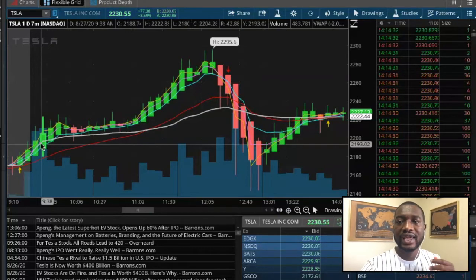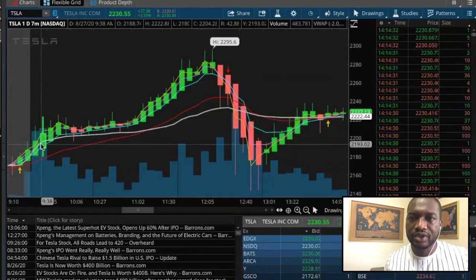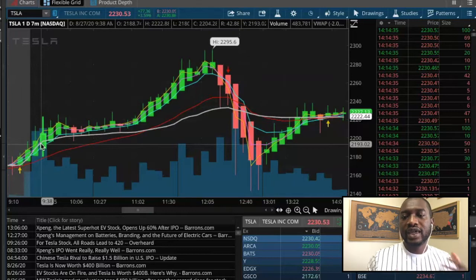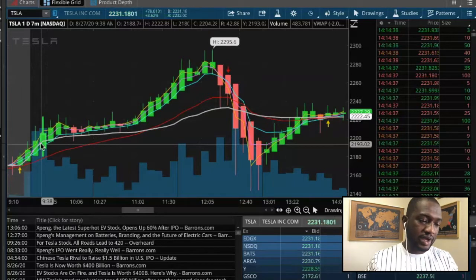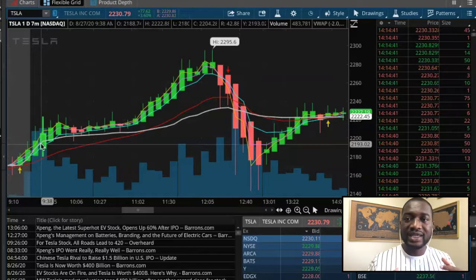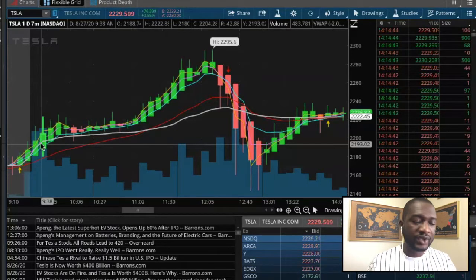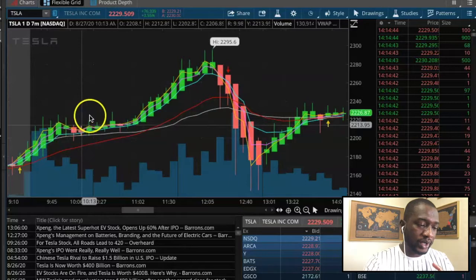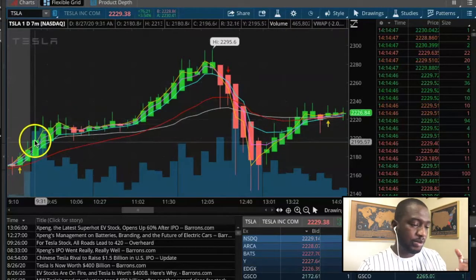I want to get a sense of the direction of the market. Usually the first couple of candles in the morning are a bit deceiving, so you can't really tell where the market is going. It was good that I didn't jump on it.